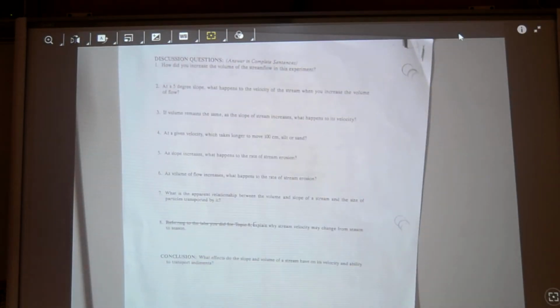Back to the questions. At a 5-degree slope, what happens to the velocity of the stream when you increase the volume of the flow? So this means I'm going to look at the data for a 5-degree slope. Low, I only have half as much water flowing. High, I have twice as much. So I need to look at the data table.